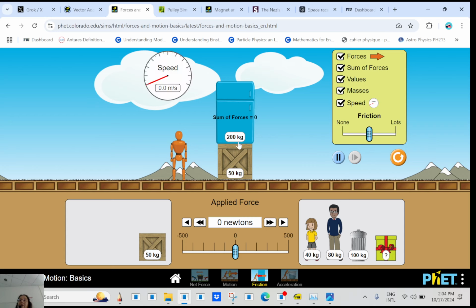Okay, so now I have increased the mass here. So the floor is going to be pushed on harder, so the normal force will be larger. Do you agree? So you expect the frictional forces to be larger. And you can see I push, I cannot get them moving. It's too heavy. So, conclusion: friction depends on two things.